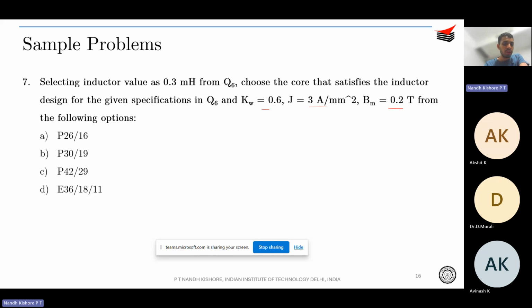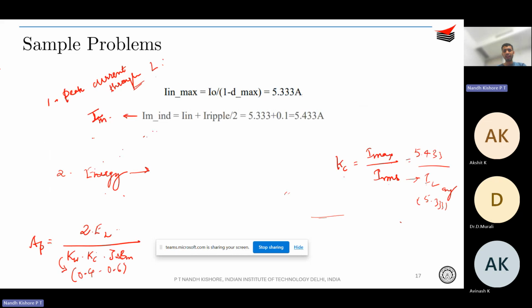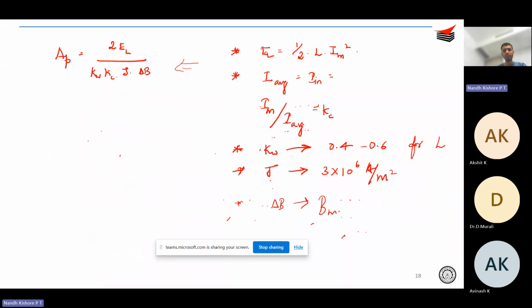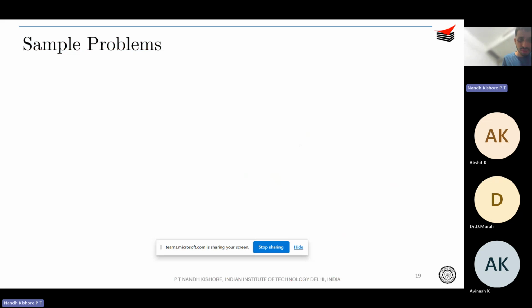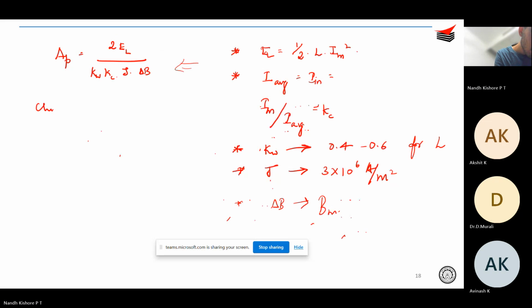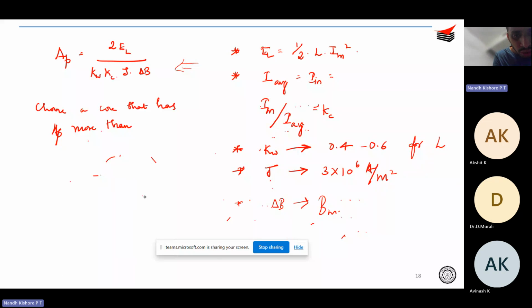You need to choose a core that has an area product greater than whatever you have calculated. So choose a core that has AP more than what is calculated.